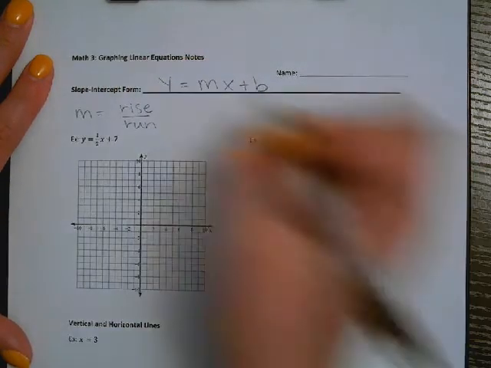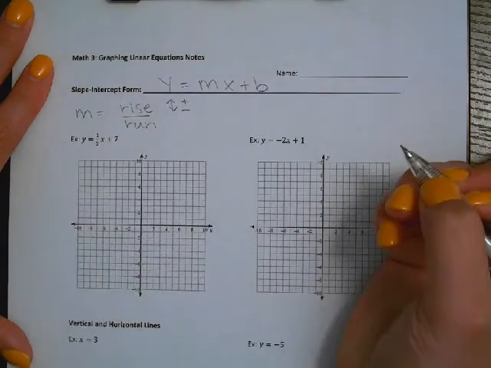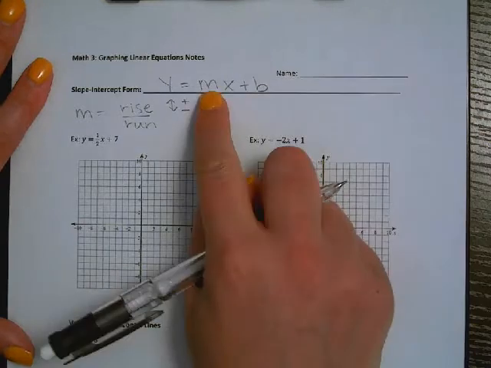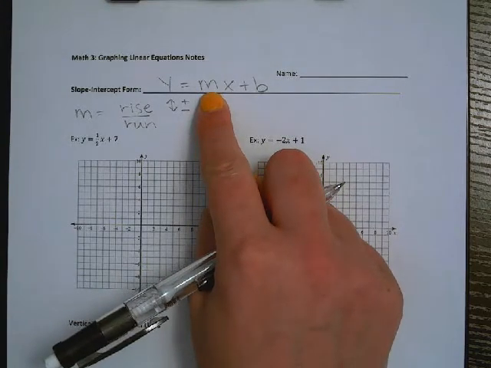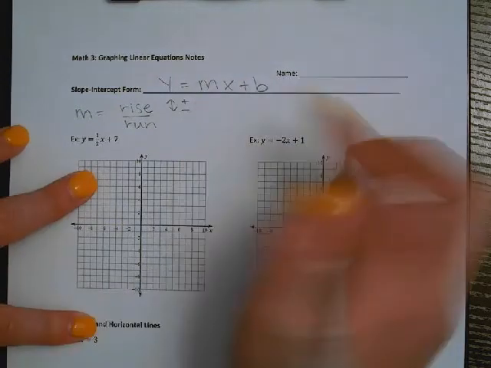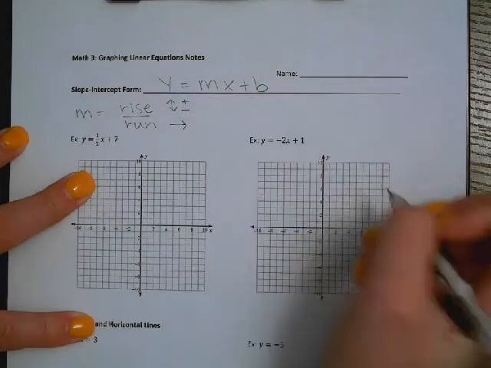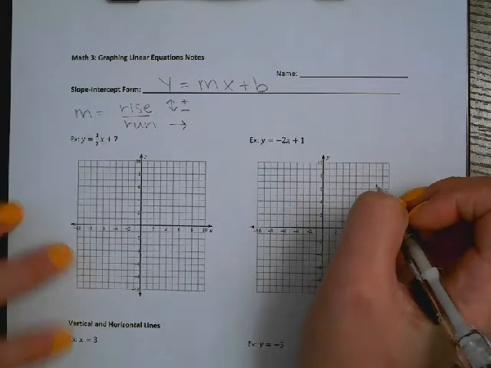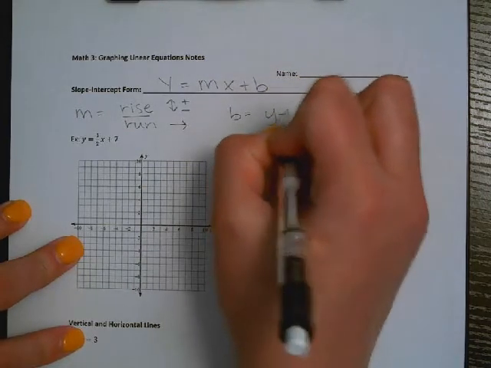Rise means how far up or down you go. If the number itself, the coefficient of x, is positive, you're going to go up. If the number itself is negative, you're going to go down. The denominator of the fraction tells you the run, or how far you go to the right. And the number on the end, the b value, is just the y-intercept.